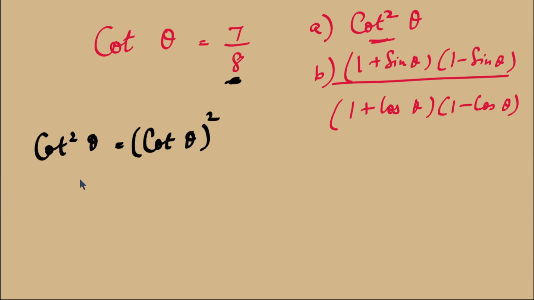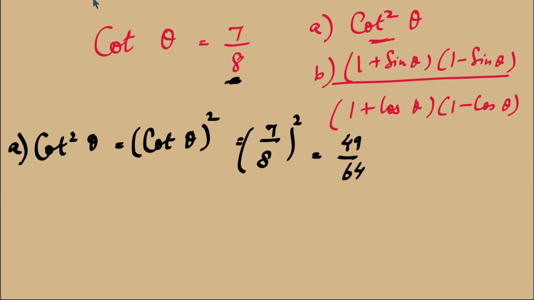Equally it's a variable. So if it is x, then the square of x would be x squared. So this is cot theta the whole square, and we have the answer directly. It's 7 by 8 the whole square, or 49 by 64. So the first one was just that, it was easy.